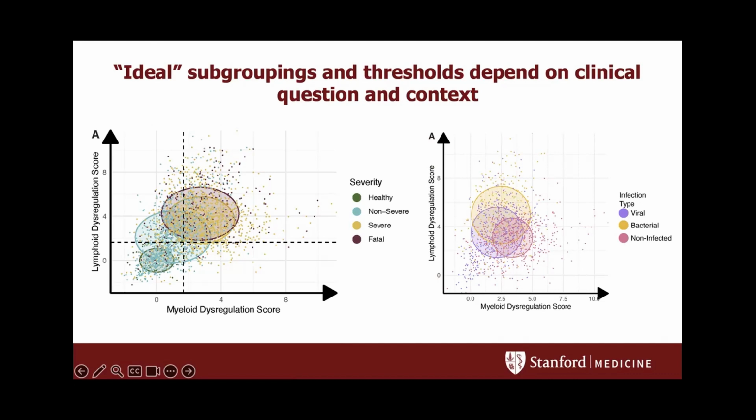So you can imagine that if you had a mix of bacterial and viral infections and non-severe and severe infections, you'd identify different subgroups than if you had purely severe, purely bacterial infections. And I think that helps to explain this context specificity and this lack of generalizability of many of the existing subgrouping schemas leading up to this.